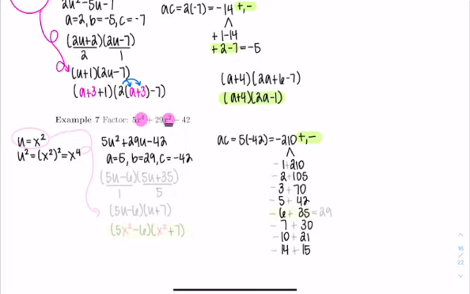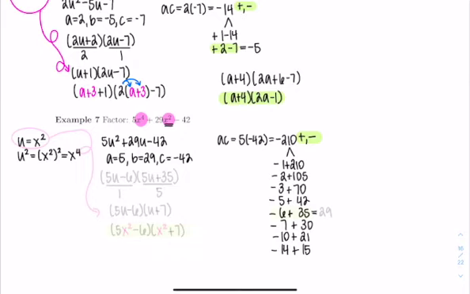So the goal is to get to a positive 29. Because we have a positive number, that means that the bigger number is positive and the smaller one is negative. Now, which combo is going to get me to positive 29?